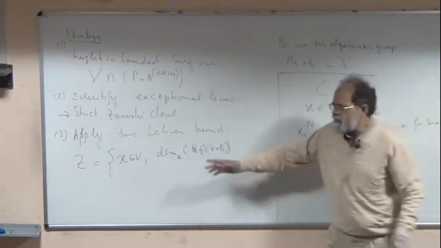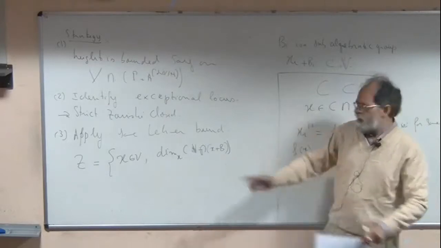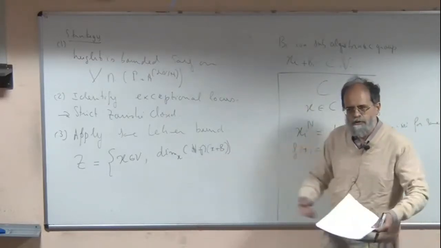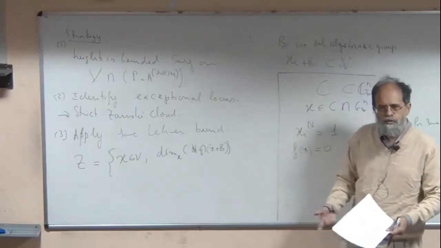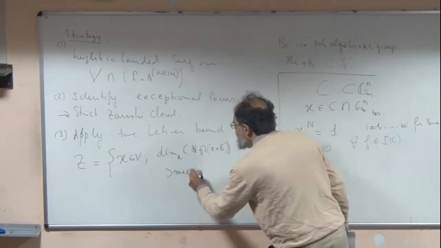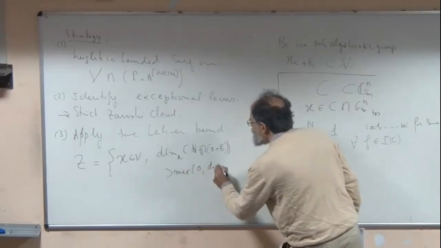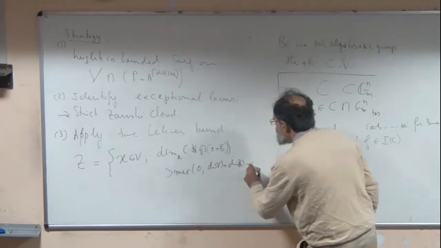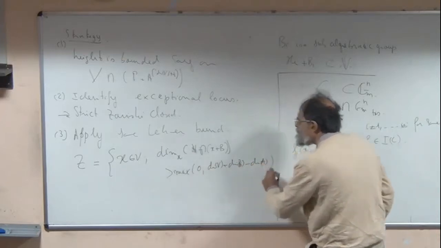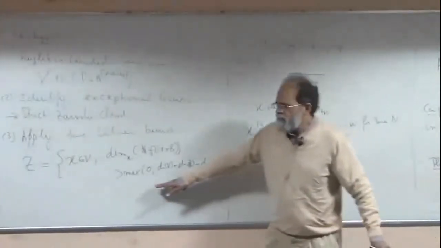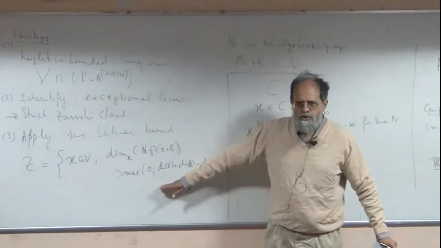Well, in a general situation, the dimension of the intersection will be the codimension, the usual formula. So you ask whether it's bigger than the usual formula. That usual formula is max of 0, dimension of V plus dimension of B minus dimension of A, something like that. And it's not completely clear that this set is a Zariski closed set.